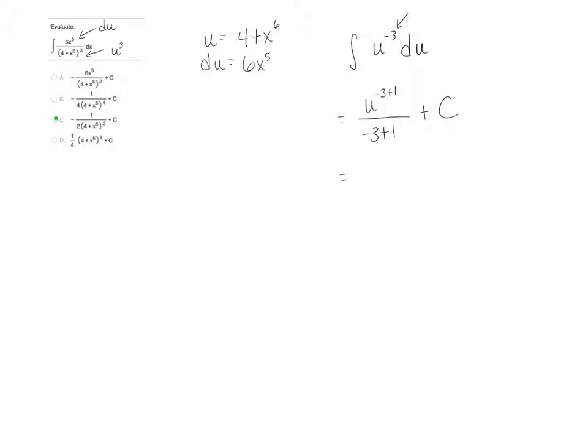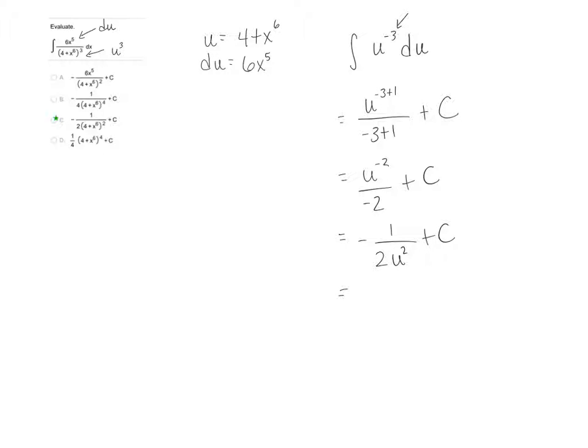And then we just clean that up. That makes u to the -2 over -2 plus c. And if we want, we can put the negative out front. We can put our u on the bottom, so we have a positive exponent.